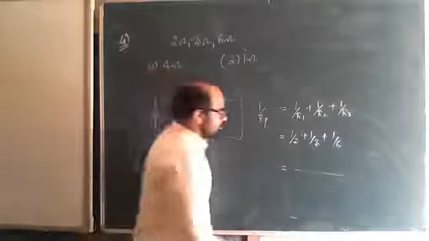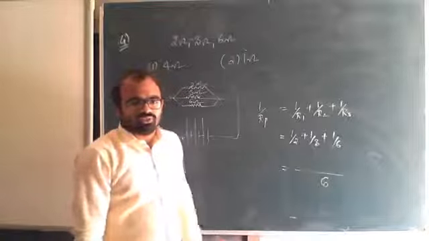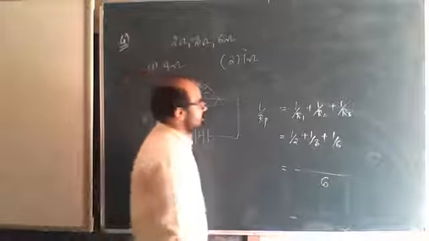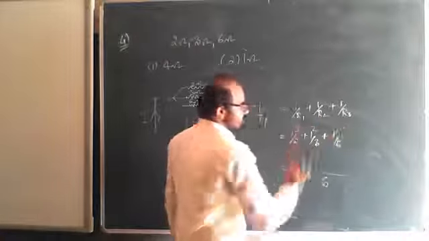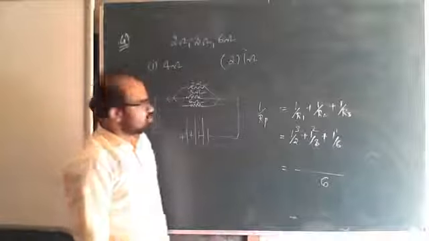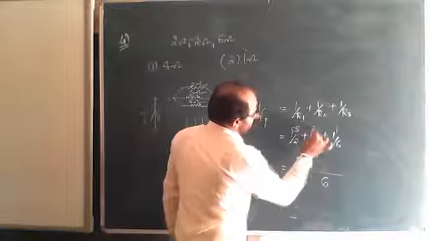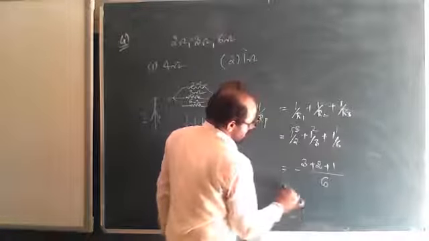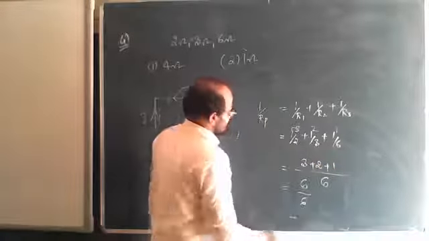So 2, 3, 6. What is the LCM? Definitely 6. 2 3s are 6, 3 2s are 6, 6 1s are 6. So 1 3s are 3, plus 1 2s are 2, plus 1 1s are 1. 3 plus 2 plus 1, that is 6. 6 by 6.